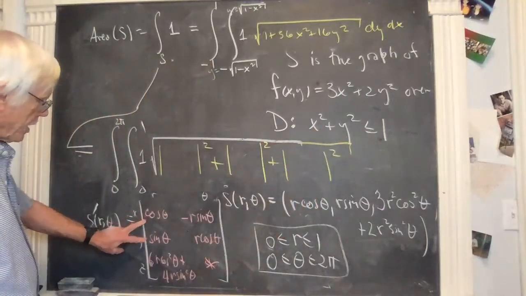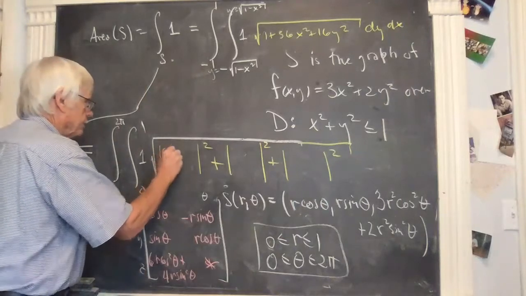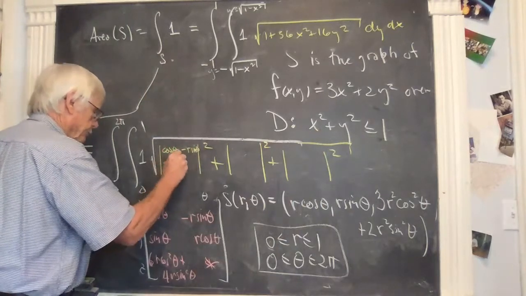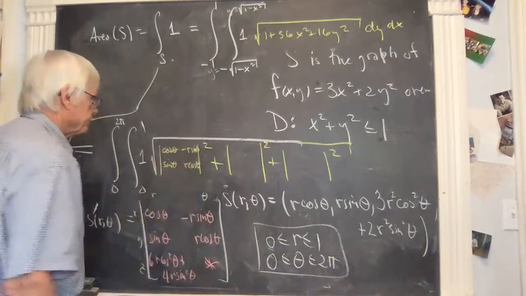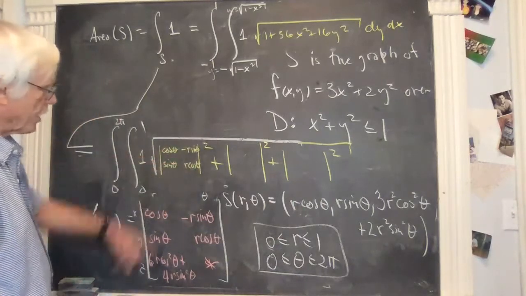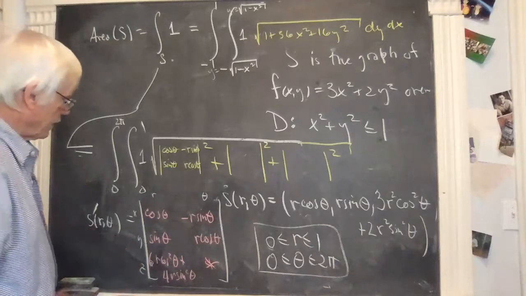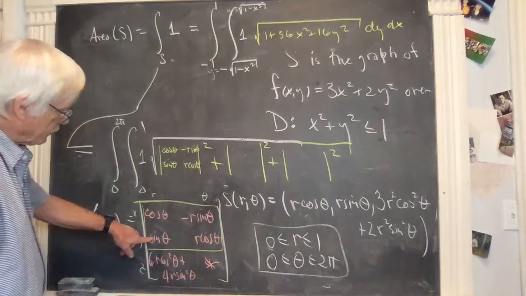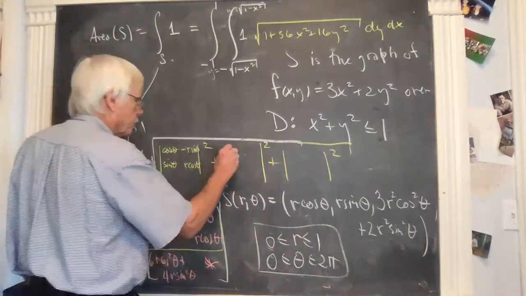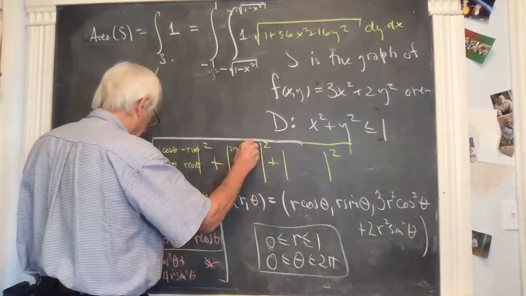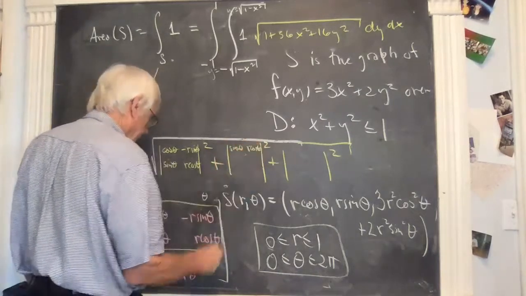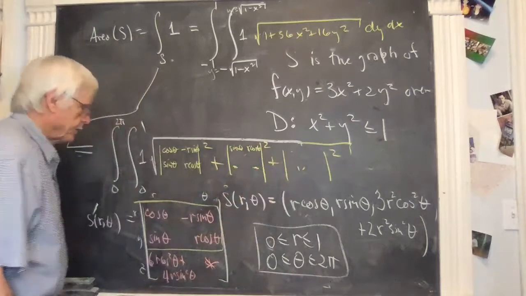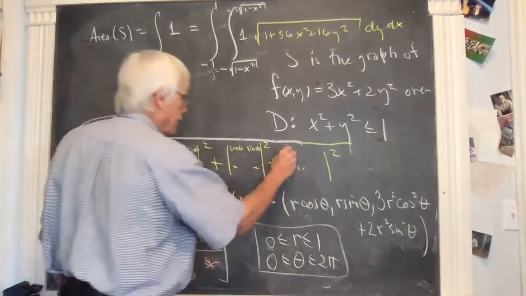The first determinant is this guy here, cos theta, minus r sine theta, sine theta, r cos theta. So this will just turn out to be r squared. And that's this determinant. And then there's the determinant of the second row with this. So sine theta, r cosine theta, and then these two, and the same thing here. I mean, this next one is cos theta, minus sine theta.